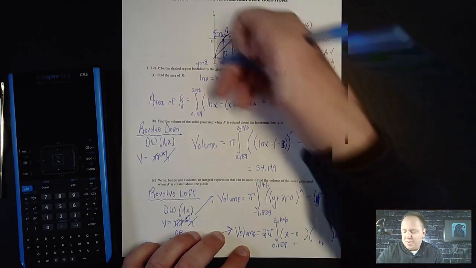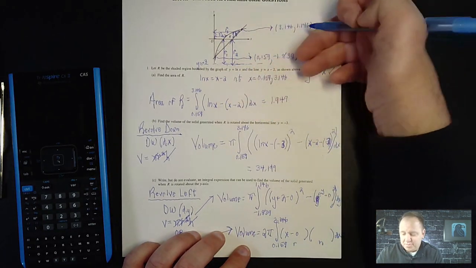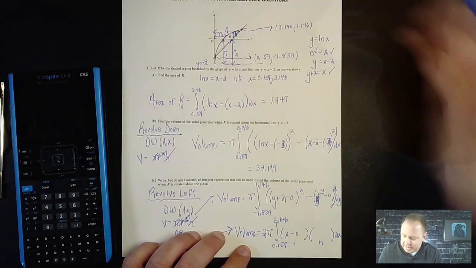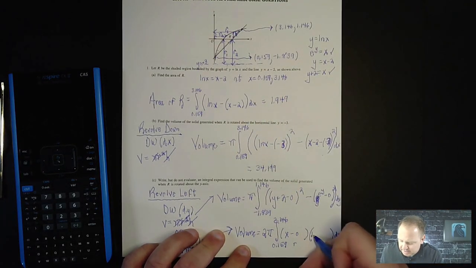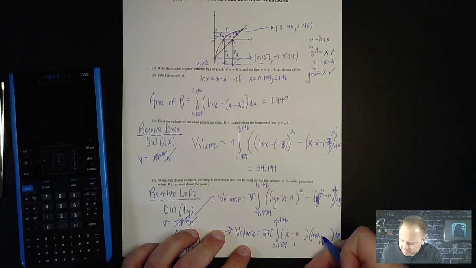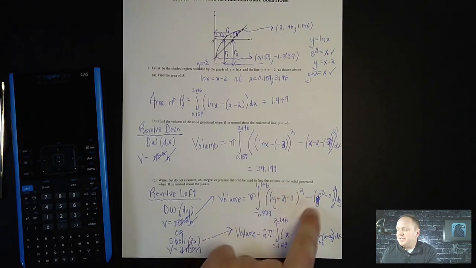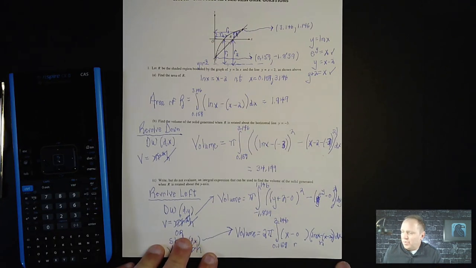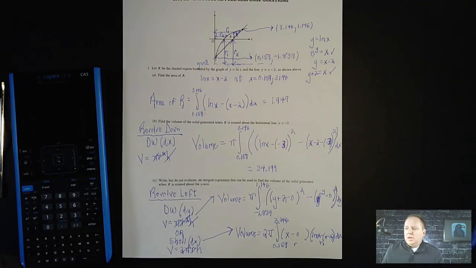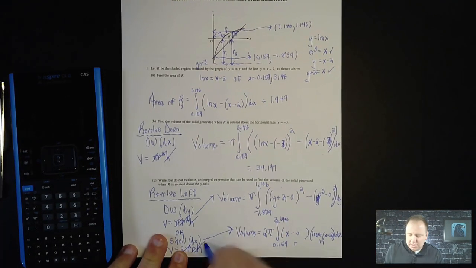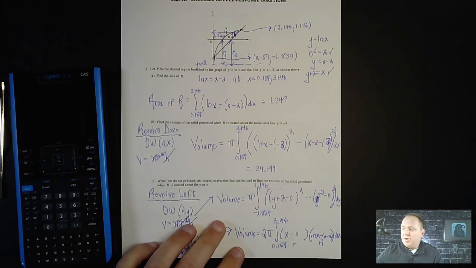And then the height of any one of my infinitely many cylindrical shells will just be top minus bottom, which would be the ln of x minus x minus 2. Notice how easy that is without having to do everything in terms of y. Hopefully that helped. The height was taken care of too, so let's cross that off. And keep on keeping on.